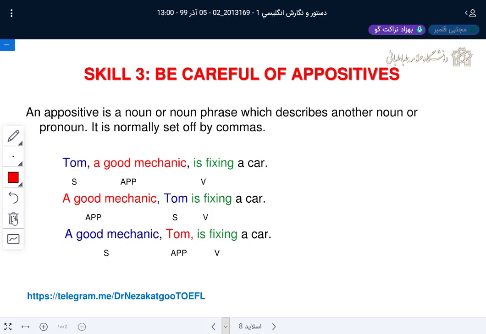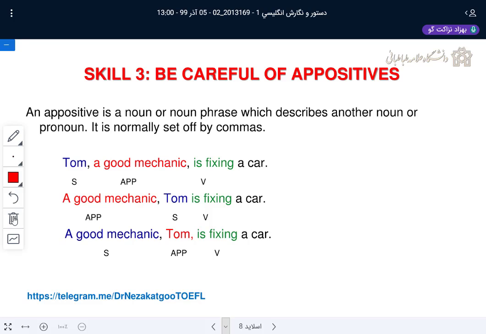But sometimes that's true, you're quite right. But sometimes we don't see any commas. When there is no comma, it is an essential appositive. It means that the meaning of the appositive is essential to the sentence.